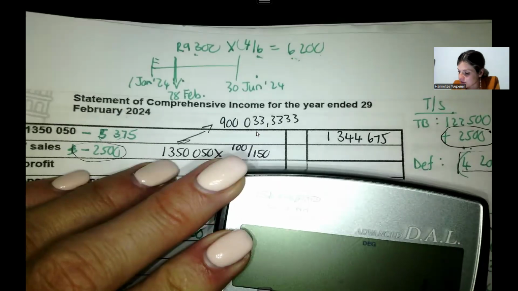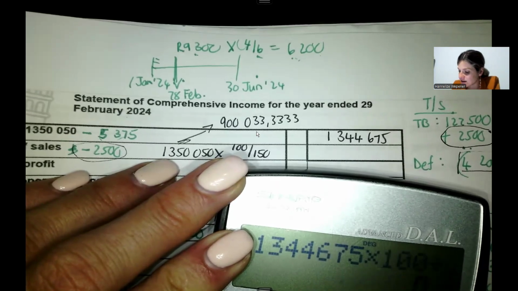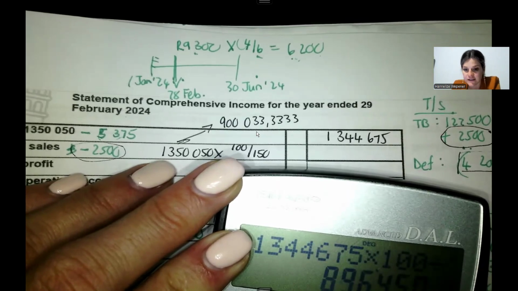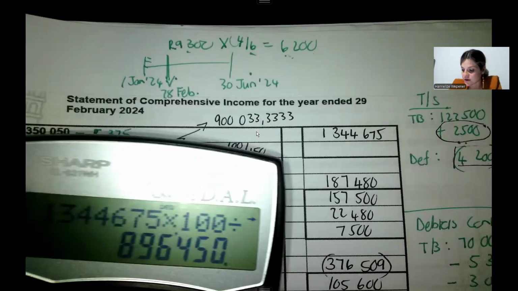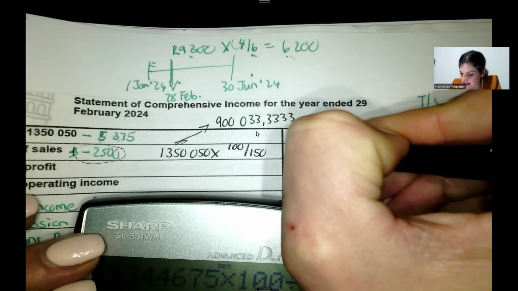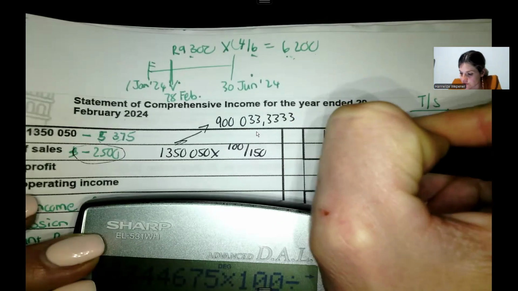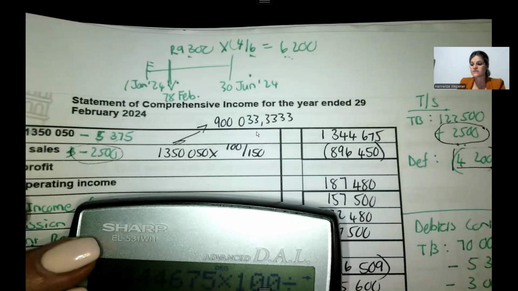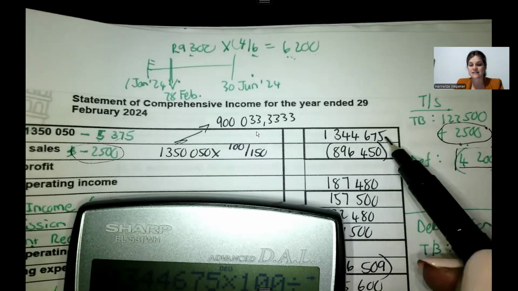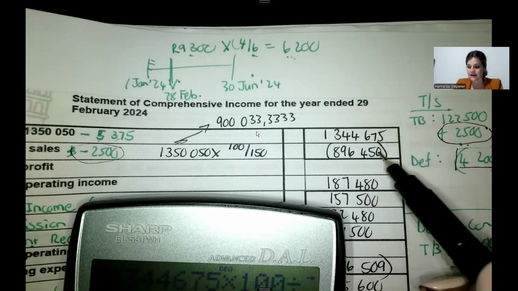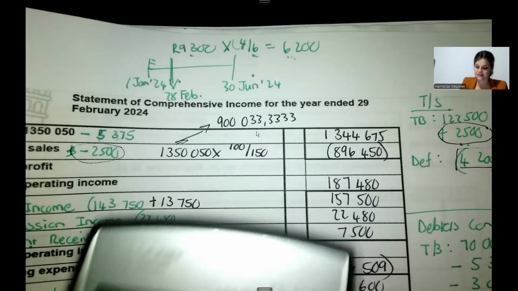So 1,344,675 times what I want divided by what I have. There we go. There we have our cost of sales as 896,450. So you're using your net sales to then calculate your cost of sales.